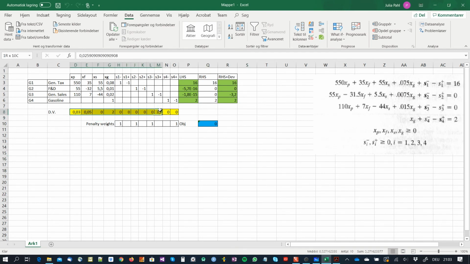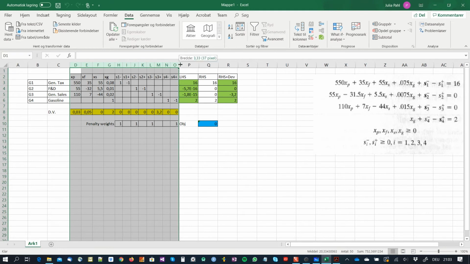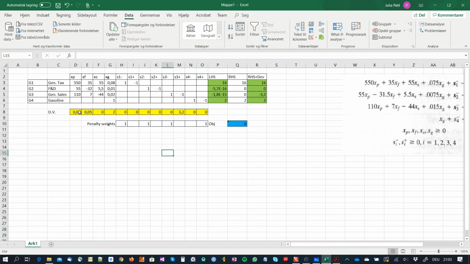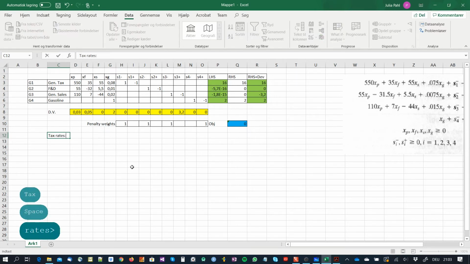So we have a solution. I make it a little bit larger and better to see. So now we have tax rates given. I make the job easier for typing.